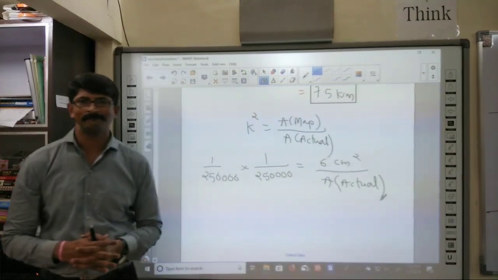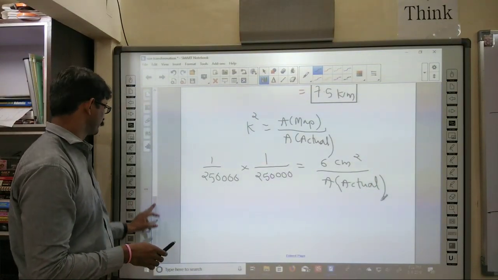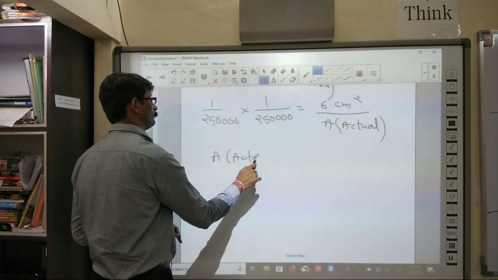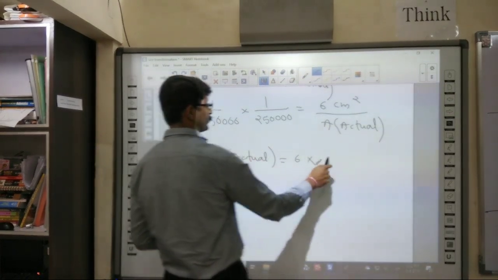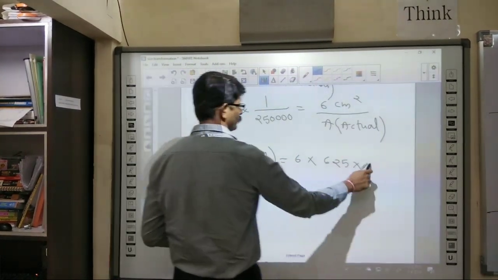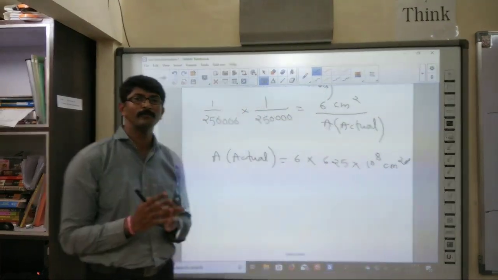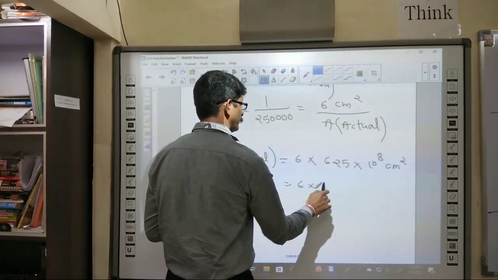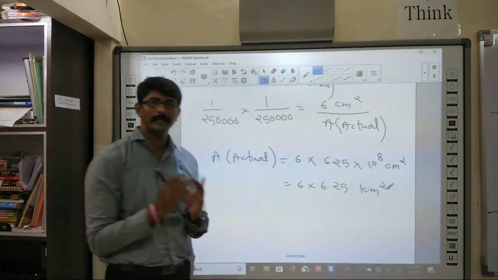Isn't it very, very simple? So now you can calculate this. Area actual is equal to 6 into 25 into 25, that is 625, into 10 raised to power 8 centimeters square. Students, we want it in kilometers square, so we want 10 raised to power 10.